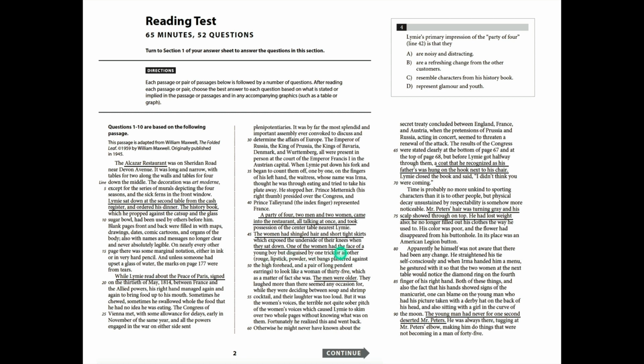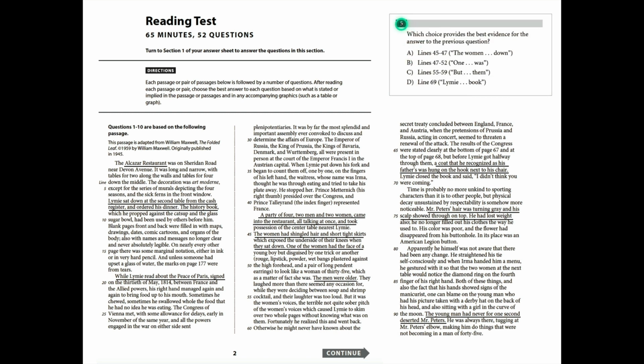So they're going to say, since youth is mentioned in the answer choice and young boy is in the passage, that his primary impression is that they represent glamour and youth. So don't fall for these eye catchers, which exactly youth and young boy are. It's a trash answer. The correct one, of course, is answer choice A. Let's go on to question number 5.